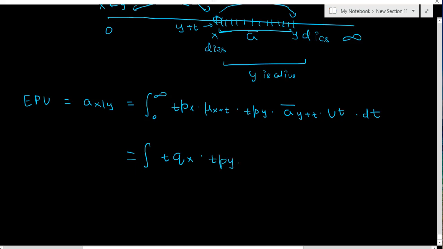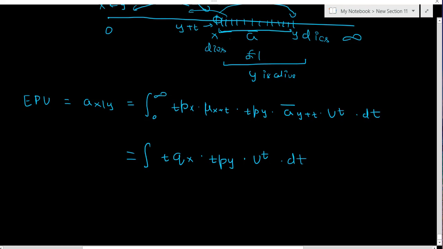As long as both are operating, we would be paying an amount of £1, discounted back from each of these times to time 0, so a factor of vt and dt.